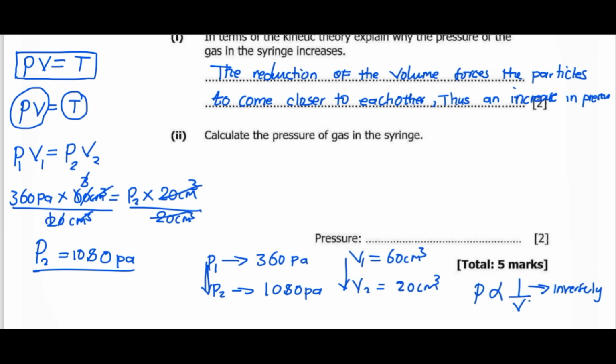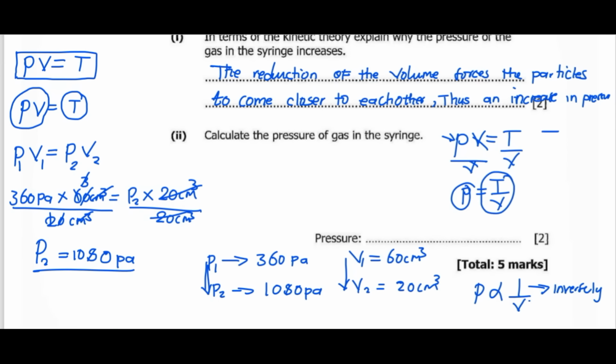Now, let's say we want to make the formula when pressure is what is constant. If pressure is constant, let's make pressure the subject of the formula. We divide by V, also here by V, so that if we cancel, P is equal to T over V. Where there is P, we put this.